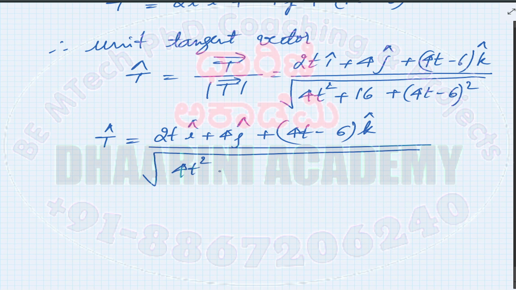So this is 4t square plus 16 plus, see 4t minus 6 whole square is a minus b whole square, so a square is 16t square plus 6 square, which is 36, and we have 4 into 6 is 24 into 2, so this is minus 48 into t. So the unit vector can be substituted as this now.